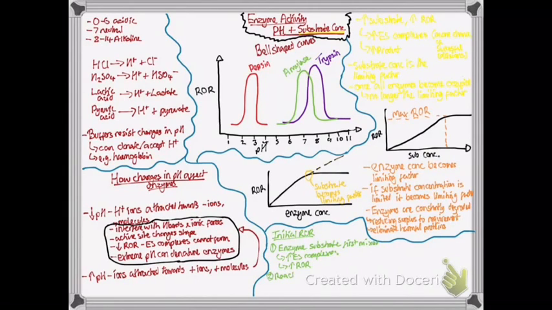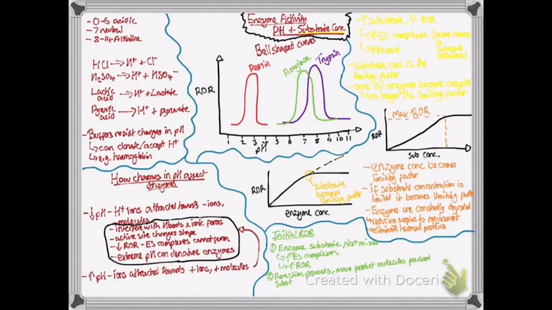When we first mix them, we've got lots of free enzymes with free active sites for lots of ES complexes to form. So the rate of reaction is very high at the very start of the reaction. The initial rate of reaction is the highest. This is because we've got these free active sites, lots of substrates ready to be reacted with, so we get that high rate of reaction.